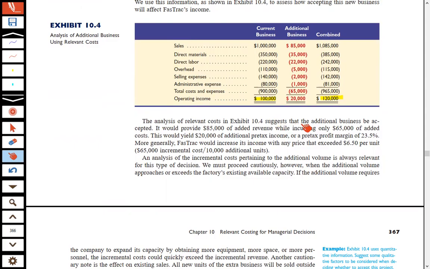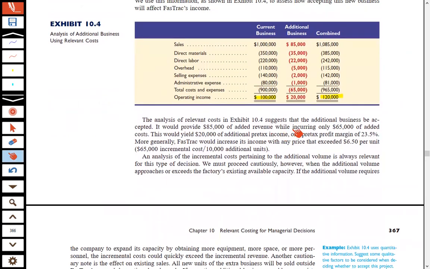The analysis suggests that the additional business be accepted. Why accepted? It would provide 85,000 of additional revenue while incurring only 65,000 of added cost. Means your additional revenue is 85,000 and additional costs are 65,000. It means you are getting additional net income, and the combined net income will also be increased.